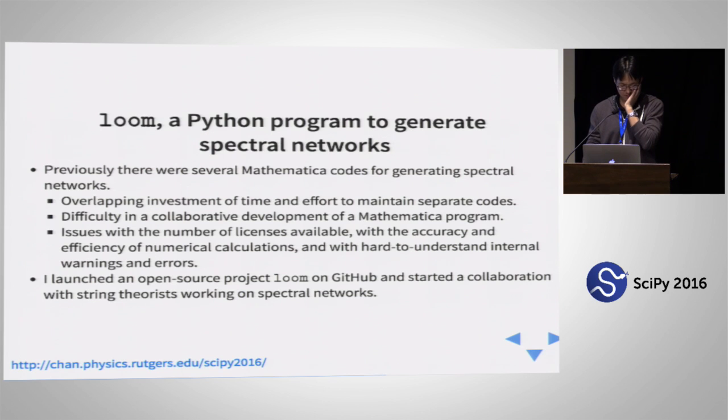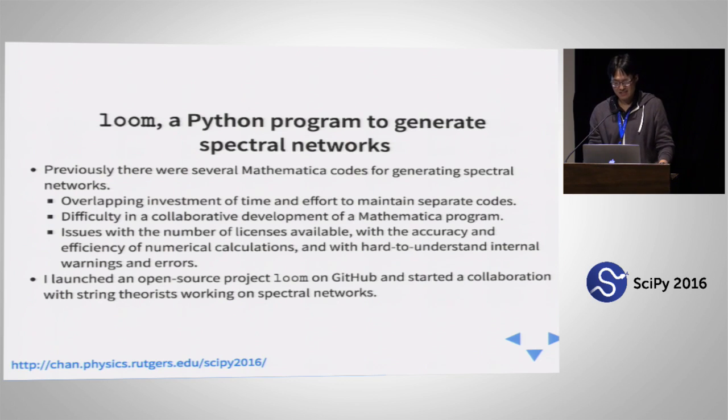Previously, before Loom, there were several mathematical codes for generating spectral networks. Partly because Mathematica is still the most favorite math package for string theorists, because of its user-friendliness in manipulating symbolic mathematics.